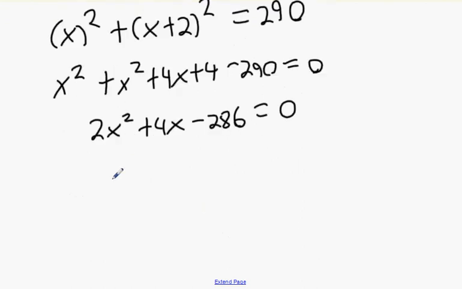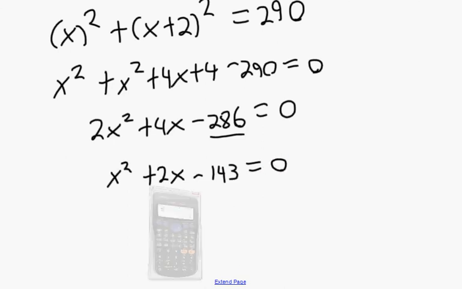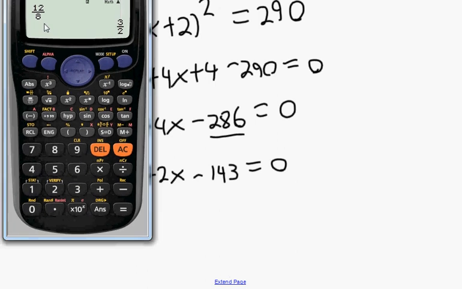Divide everything by 2. 143. It's an interesting one. 143. Now, there's a nice button here. Sometimes it might come in handy. 143. Press Shift Factorize. 11 by 13.